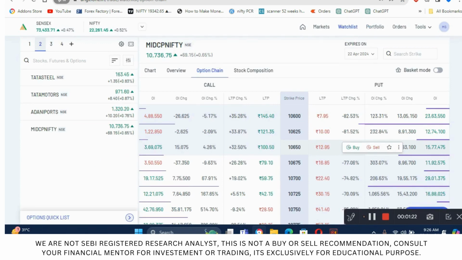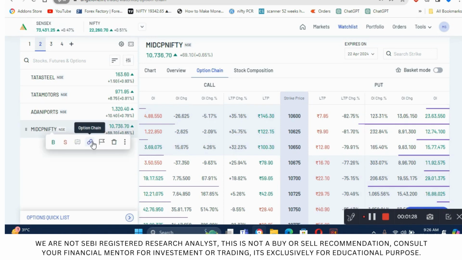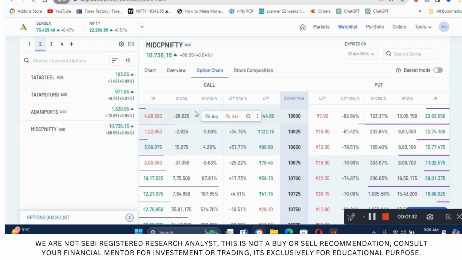Friends, I will show you how we do the hedging for selling, and how we reduce the cost. I am going to the option chain here. If I have to hedge, I will have to open this basket mode. If I don't want to hedge and want to do naked selling, I can do it this way.